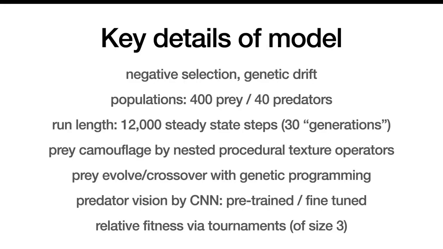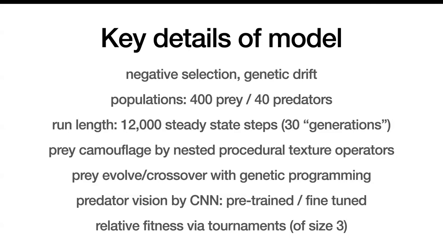So this is my slide with lots of text, but I'll just point out some key properties of the model. This is based on negative selection and primarily genetic drift. There's very little selection pressure, just that the members of the population that are doing exceptionally poorly are the ones that are taken out of the population.